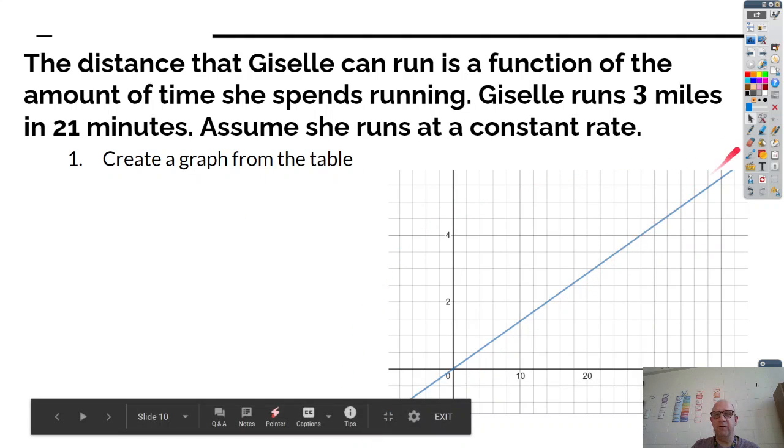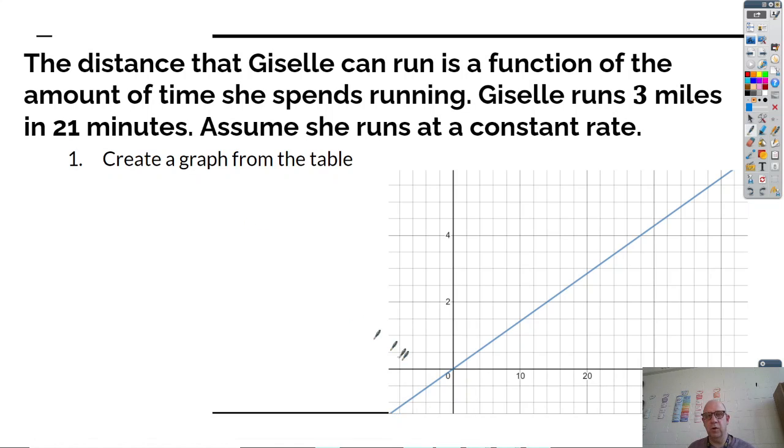Then I can graph it. So if the x is 7, I go over 7 and up to 1. If the x is 14, I go over 14 and up 2. So that's (14, 2). That's (7, 1), etc. And then I draw the line in between.